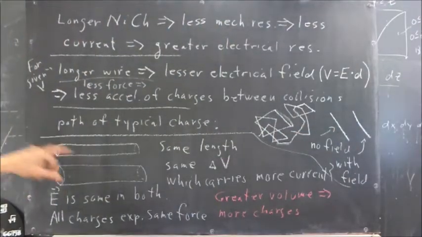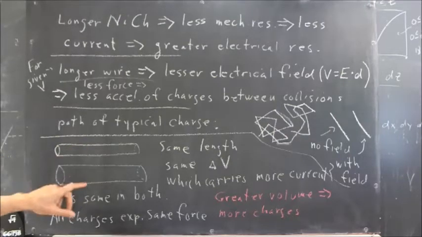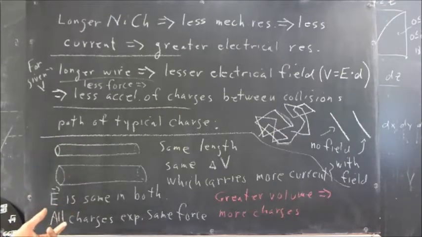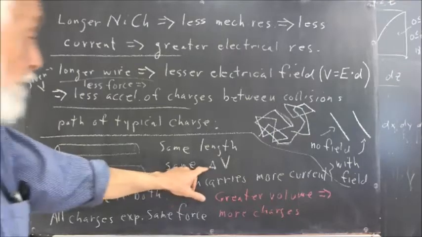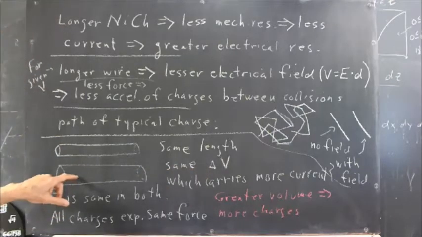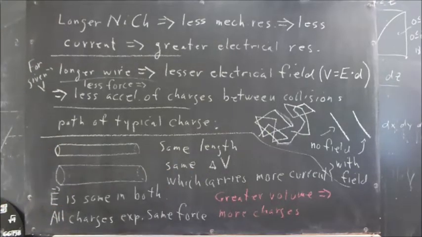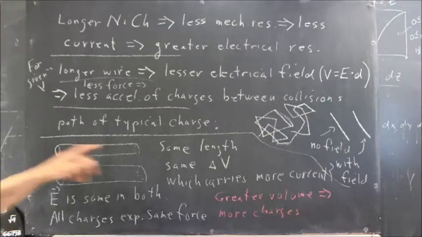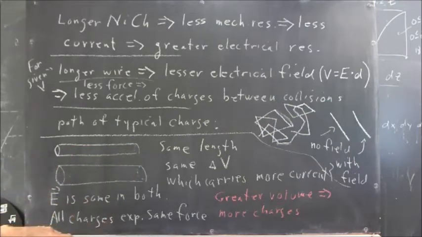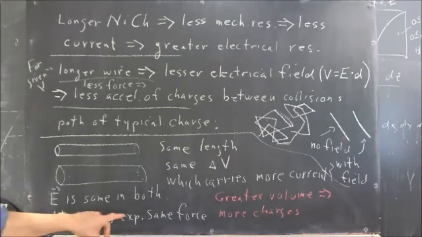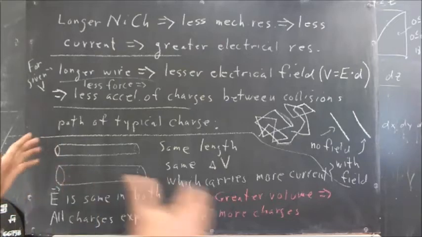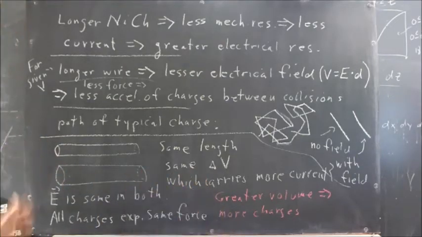Okay, so now we look at two wires of the same length with the same voltage drop. One has a greater cross-sectional area than the other. Which one is going to carry more current? Well, the answer to that is if they have the same length and the same voltage, then the electric field is the same in both, because it's only the length and the voltage that determine the electric field.